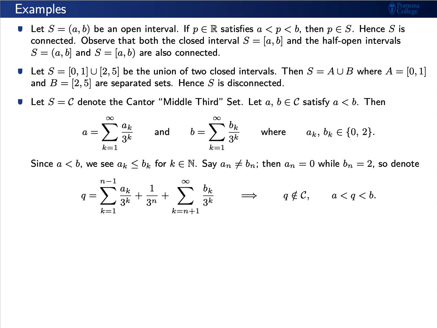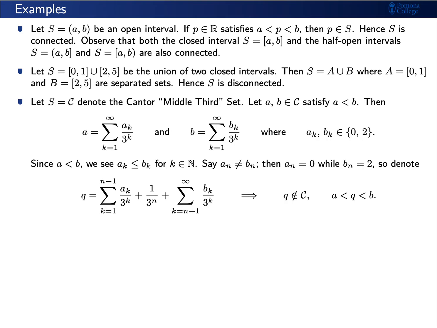Since a is less than b, this means that a sub k is less than or equal to b sub k for every index k. However, since a does not equal b, let's say for example that a sub n does not equal b sub n. That means that a sub n is 0 while b sub n is equal to 2.